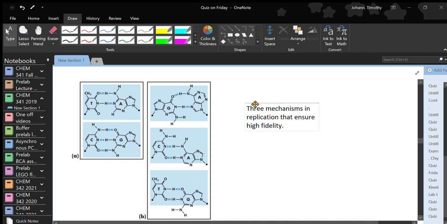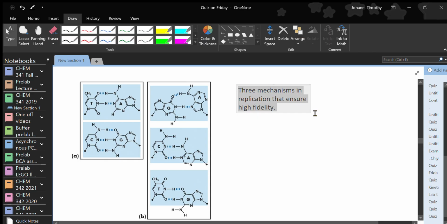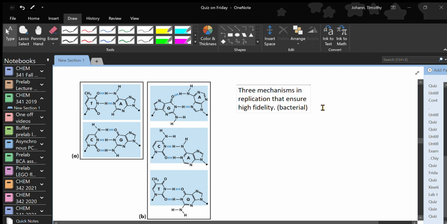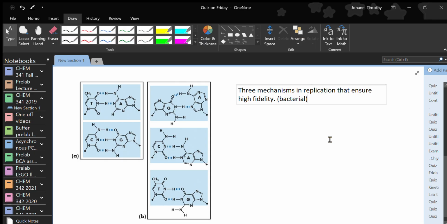Okay, so we're talking about here, how do you make a perfect copy of the DNA essentially? And this is bacterial we're talking about here. I'm going to give you numbers. I expect for eukaryotes the numbers are different, and they're going to be higher because the genomes are larger.